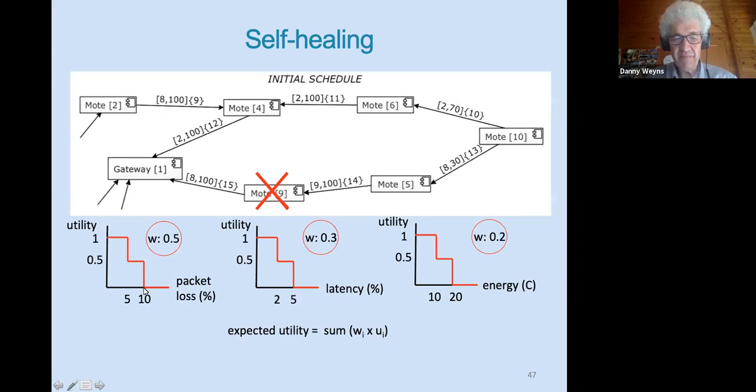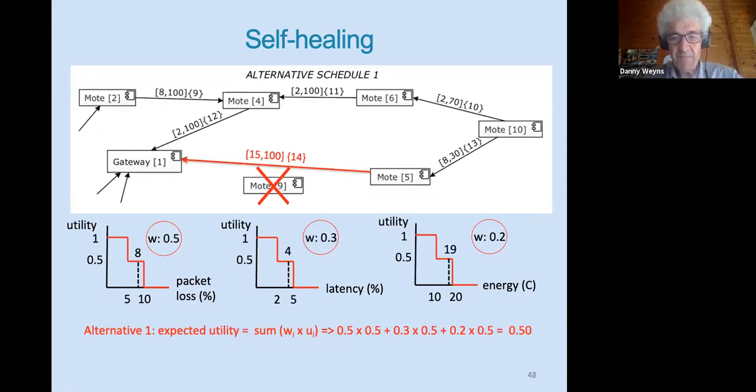And anything above 10% gives me a utility of 0. We give packet loss a weight of 0.5 in the total. The same for latency and energy, and you see then the expected utility, we sum up, in fact, the product of the actual utility with the weight for each of these properties.